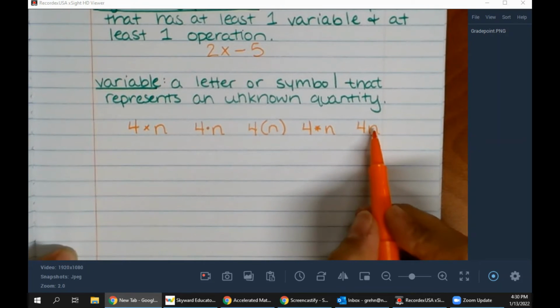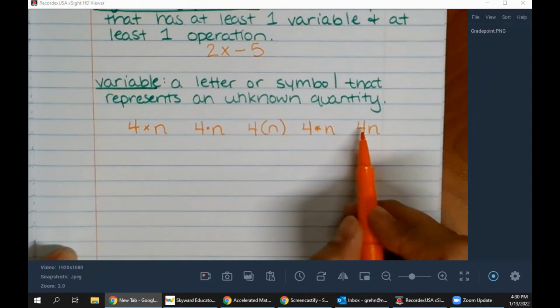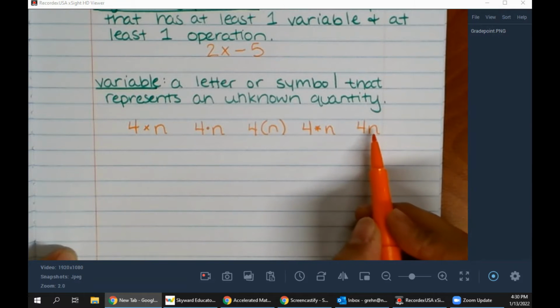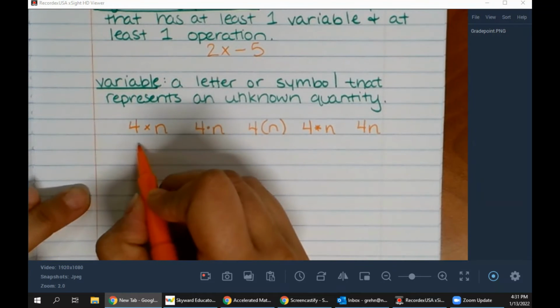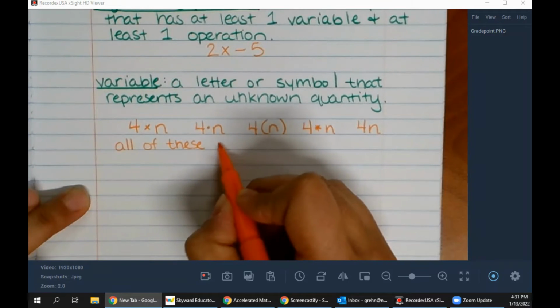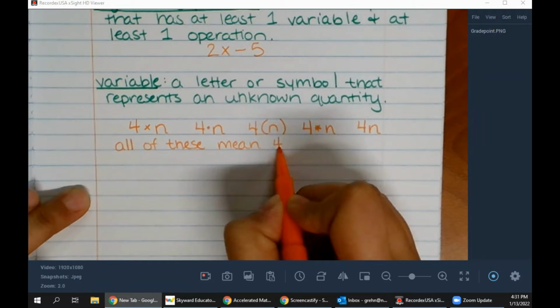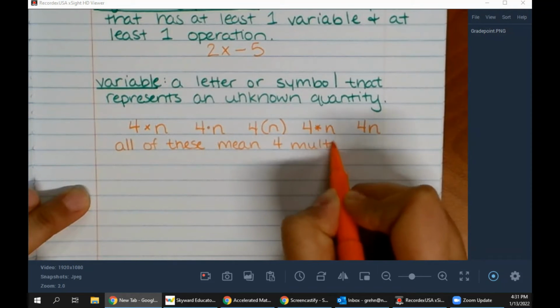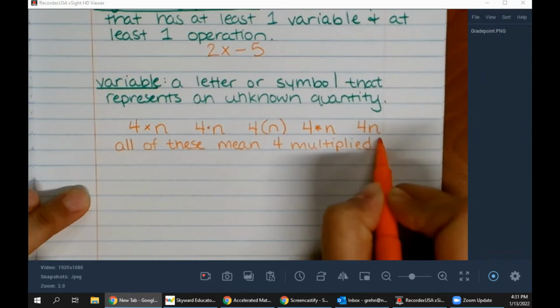Anytime you have a number right behind a variable or right next to a variable, it's assumed that's multiplication. This is like me saying I have 4 groups of n. So all of these mean 4 multiplied by n.